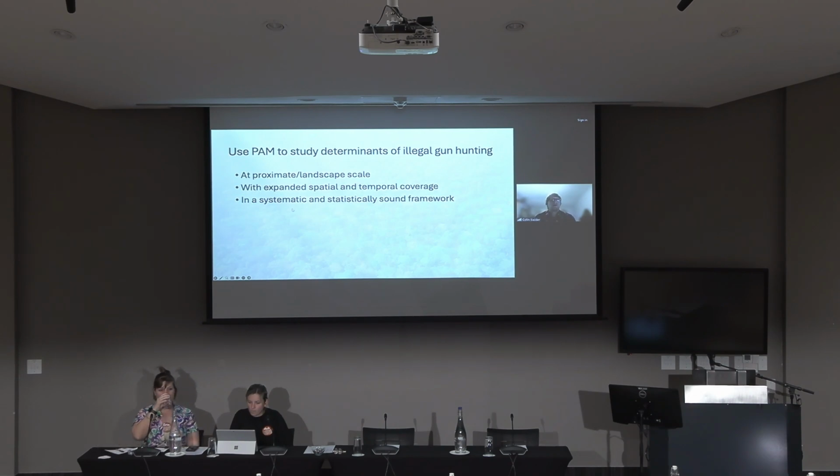We're trying to use PAM to remedy that issue because we can sample in a systematic and unbiased manner while incorporating random sampling and replication and facilitating statistical inference. These ideas form the premise of this study and our justification for using PAM to advance our understanding of the determinants of gun hunting, which we hope will in turn aid conservation by helping to direct resources such as patrol effort in the most effective way.